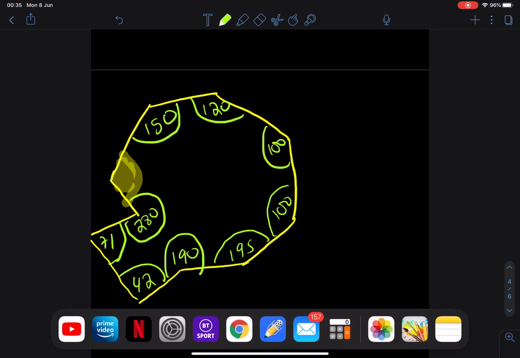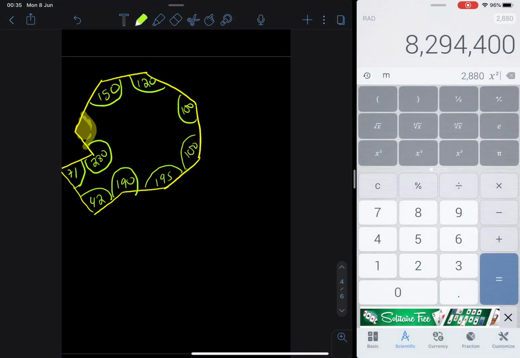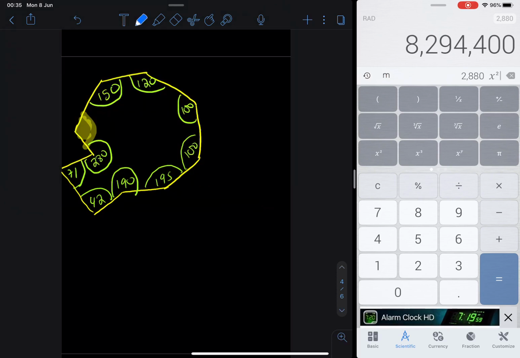Okay, so welcome back. Let me set up my calculator. Let me think about how many sides this shape has. This shape has got 1, 2, 3, 4, 5, 6, 7, 8, 9, 10 sides. If it's 10 sides, I can fit 8 triangles.